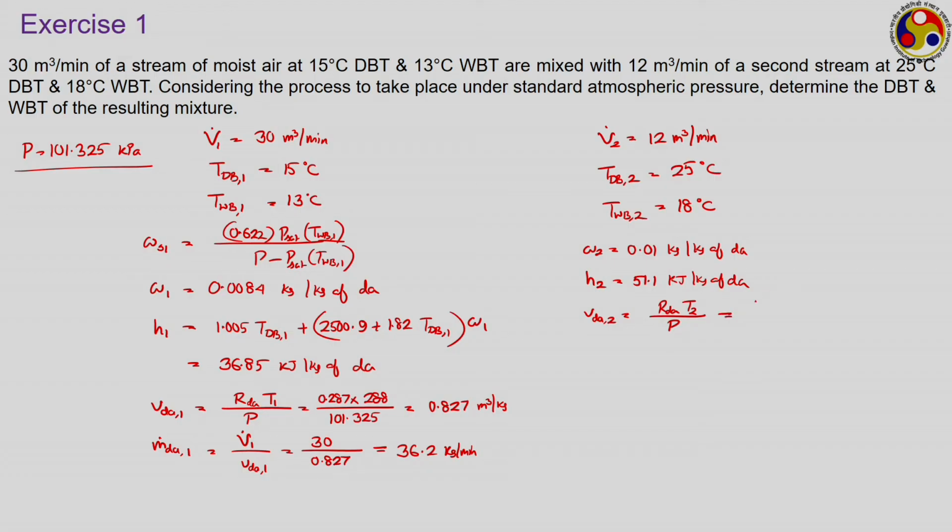So, this is coming as 0.859 meter cube per kg, from where we are getting the mass flow rate for the dry air part in the second stream, which is V2 by specific volume at this condition, equal to 13.9 kg per minute.